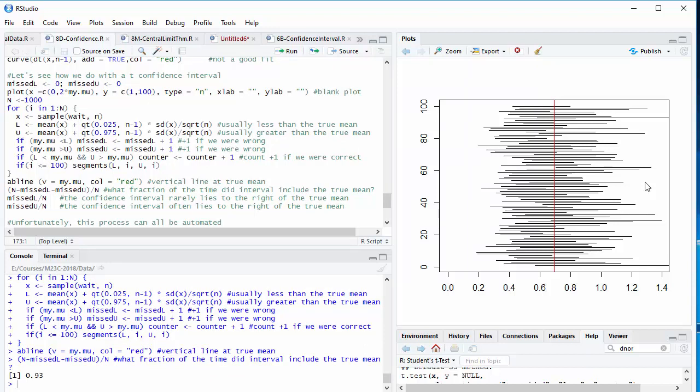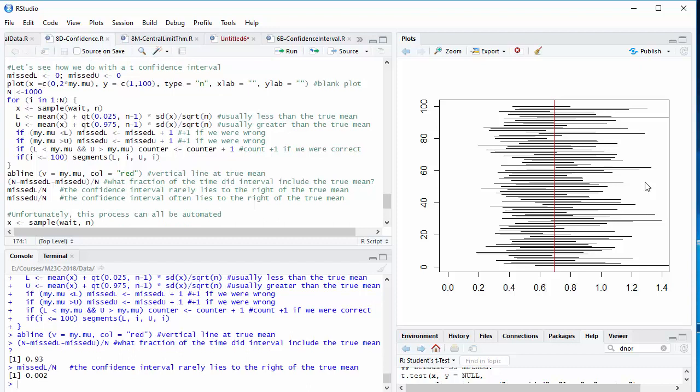93% of the time, the confidence interval included the true mean. Ordinarily, we get much closer to 0.95 than that, but the worst thing is this. The probability of missing on the lower end is only 0.002.